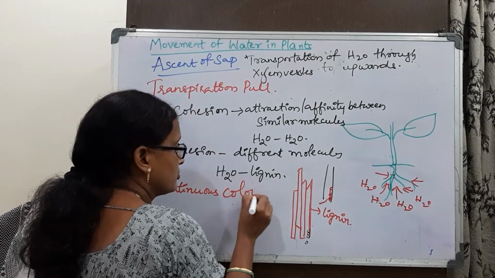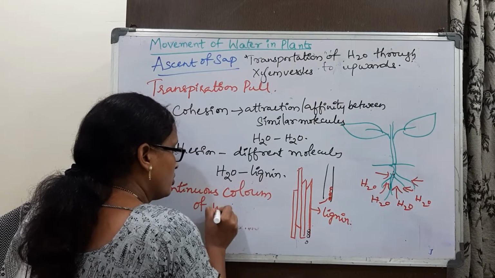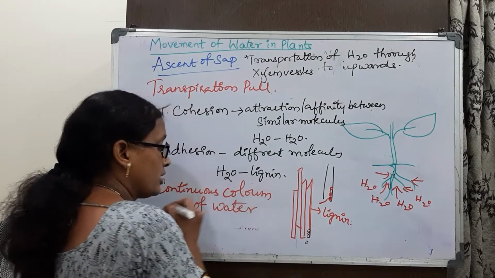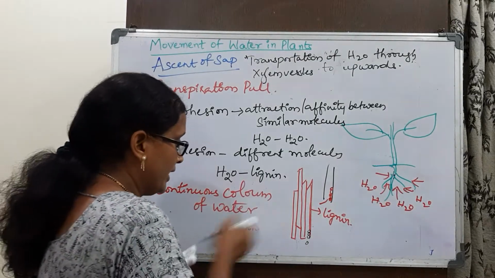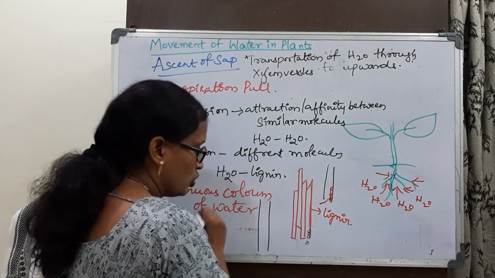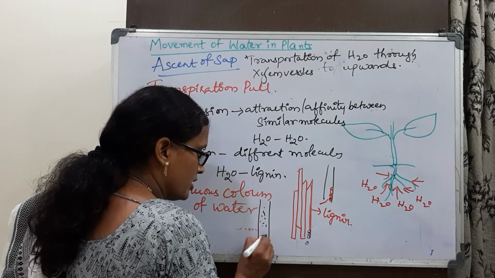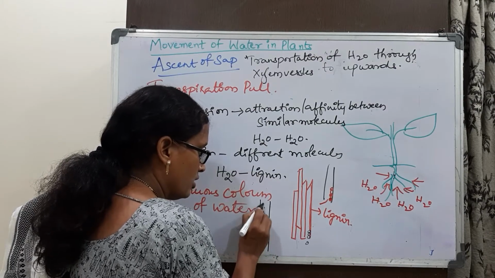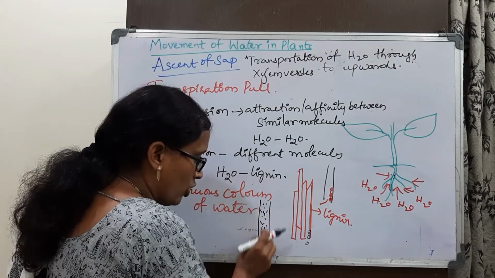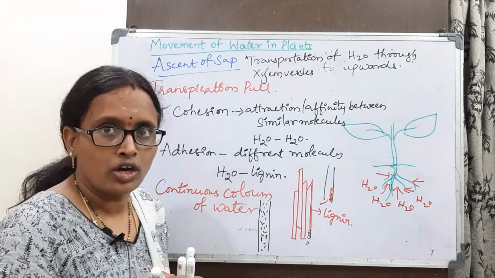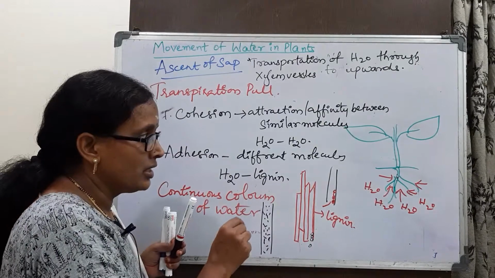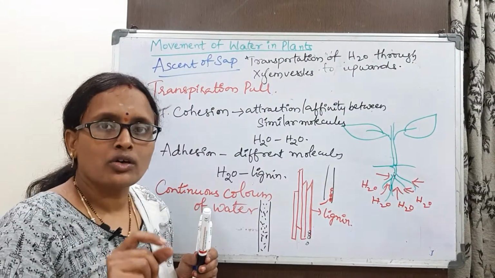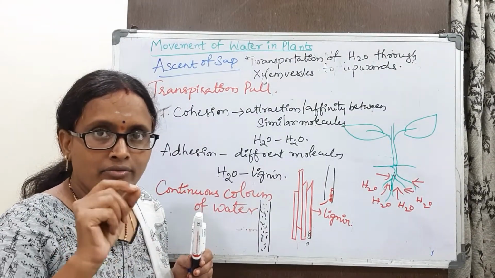If for example there is a tube with water inside the tube, we call it a water column. So a continuous water column is maintained in the xylem vessels.